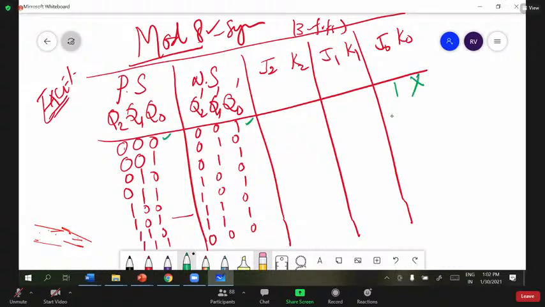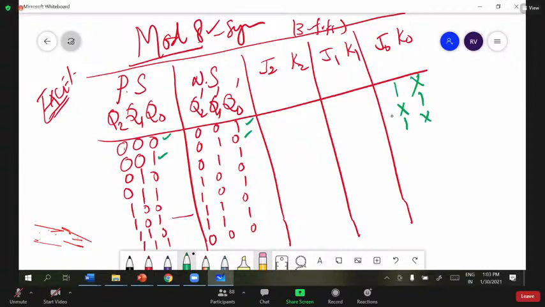Then you just see this complete column, Q0 and Q0 dash. This is 1 and this is 0. Again, X 1. Then 0 has become 1, same, 1 X. X.